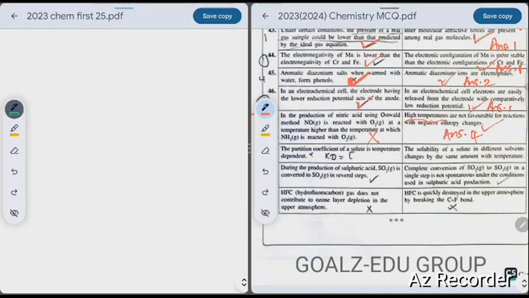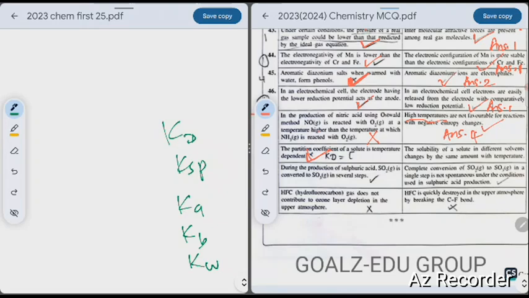Even though it is Kd, or Ksp, or Ka, Kb, Kw, all these change with the temperature. Therefore, you all must remember, any equilibrium constant is temperature dependent. So, the partition coefficient of a solute is temperature dependent. Yes, we can tell any equilibrium constant is temperature dependent.